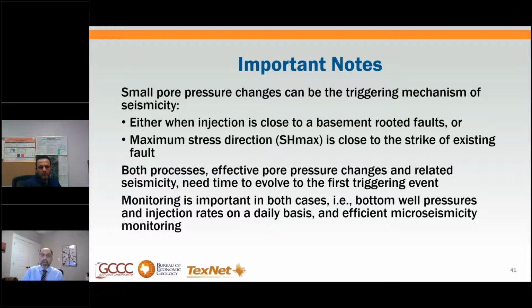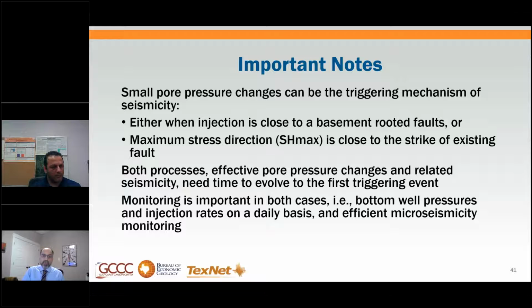Usually, what we see is that this is happening either when injection is close to basement-rooted faults that are very susceptible to provide considerable magnitude seismicity, and also when the maximum stress direction is close to the strike of existing faults. In that case, the faults are susceptible to slip.